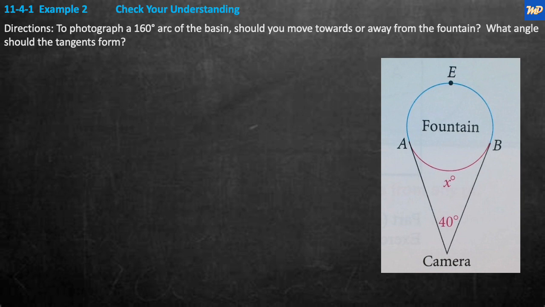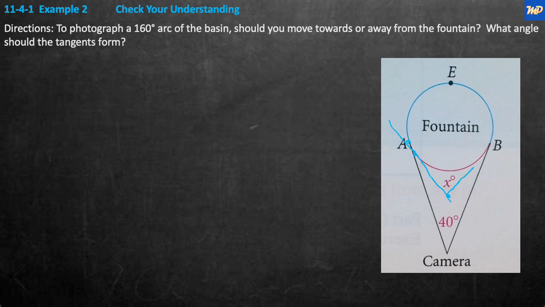Okay, I'm assuming you tried it. So let's talk about this. In order to get a larger arc in the front, close to the camera, if you move closer, what would happen? Well, I'm going to draw on this. If you brought your focal point in here, your tangent lines would get like this, right? They would move from out here to like here, wouldn't they? And the same thing would be here.